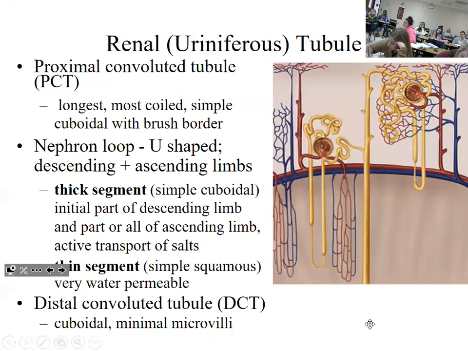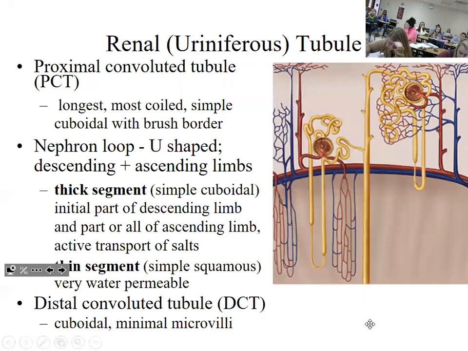This proximal convoluted tubule, you'll notice that there's this web of capillary beds here. And what is actually happening immediately as this filtrate is moving through this proximal convoluted tubule, then through the loop of Henle, also known as the nephron loop, and then through the distal convoluted tubule? What is happening to the good stuff, to the blood? What's coming back to the bloodstream? The good stuff is being reclaimed.